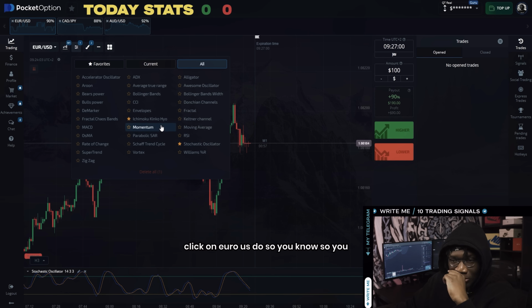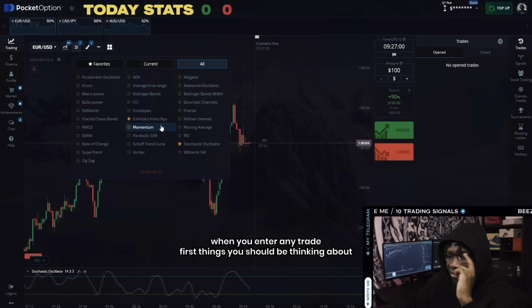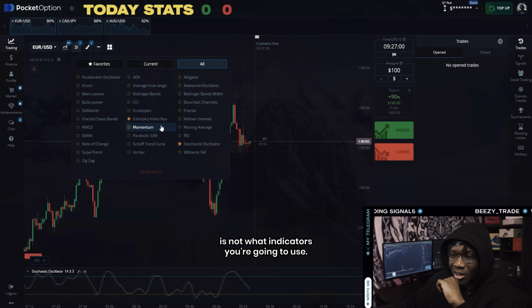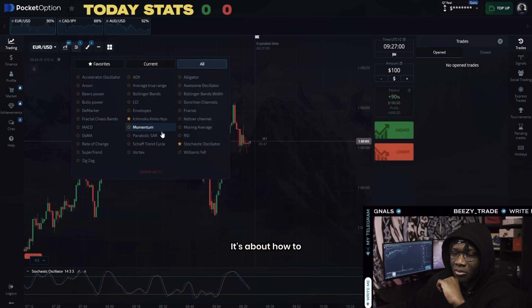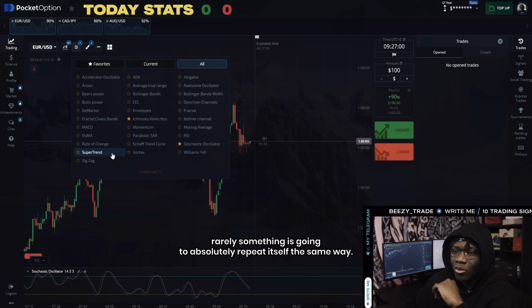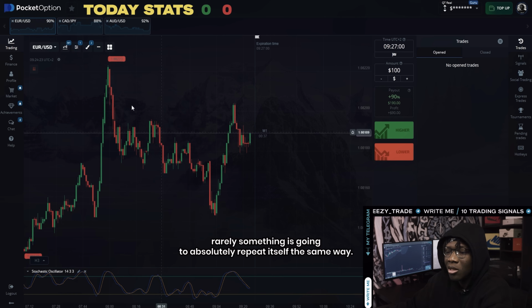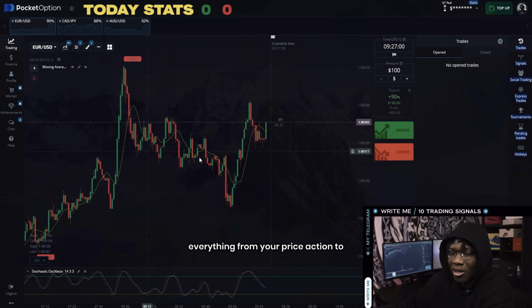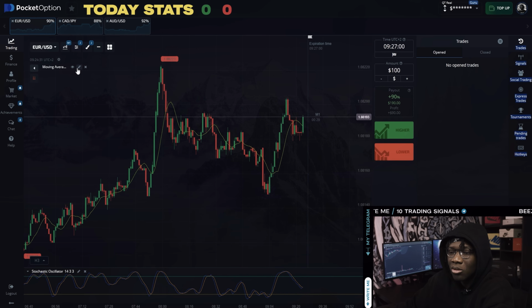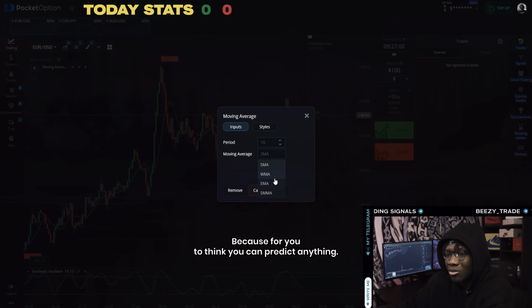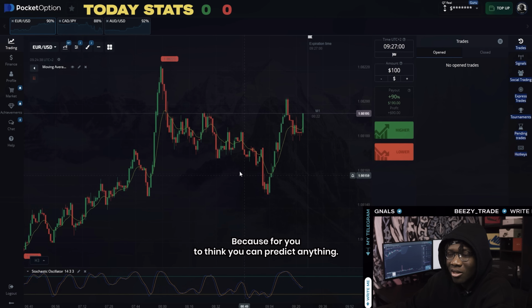So I always tell you, when you enter any trade, first thing you're thinking about is not what indicators you're gonna use. It's about how to look at the history of the markets, because rarely something is going to absolutely repeat itself the same way. But you can look at everything from your price action to using your indicators to just not predict, because who are you to think you can predict anything, right?